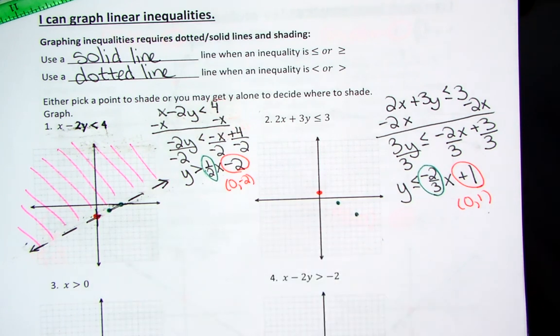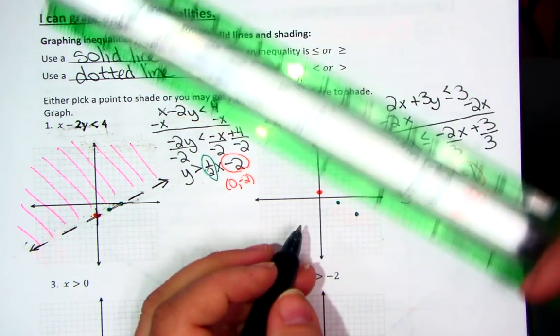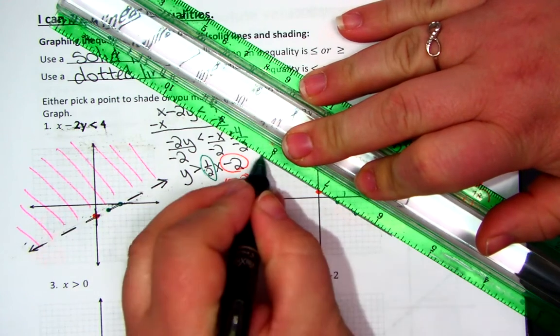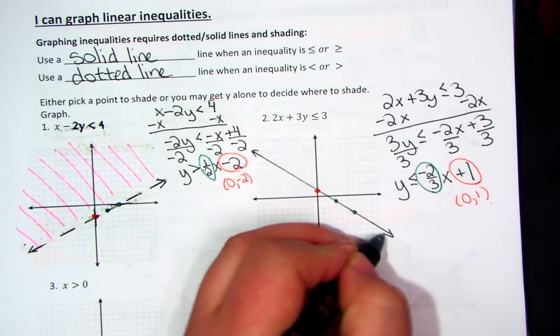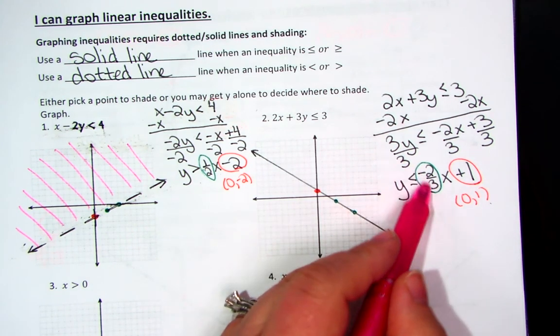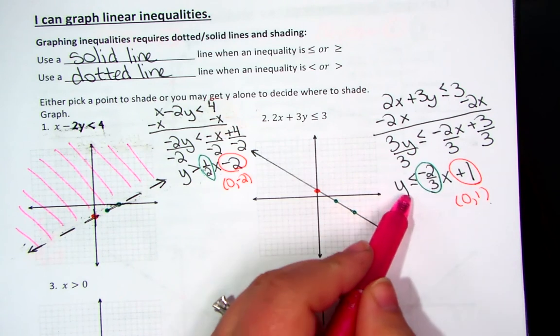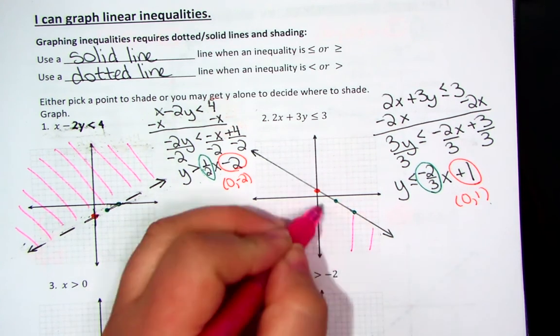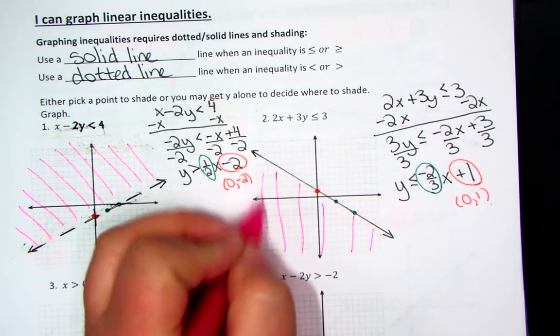Because it's an equal to symbol, we're going to use a solid line to connect these dots. Either pick a point not on the line to indicate where shading should happen, or since y is by itself and on the left, I can look and see y is less than, so that means we will shade below the line where the y's are going down.